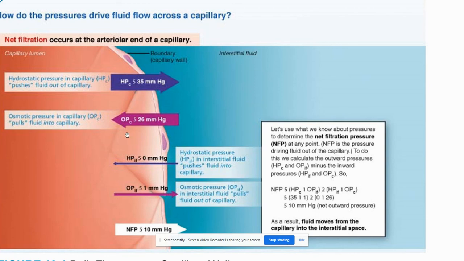And then we have osmotic pressure of the capillary at 26, hydrostatic pressure of the interstitial fluid at 0. So this is going to be 36, and this is supposed to be a minus. Minus 26 is going to give us 10 mmHg net outward pressure. So more is going to end up being pushed out than come back in.